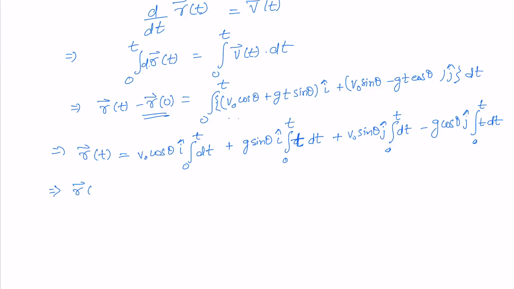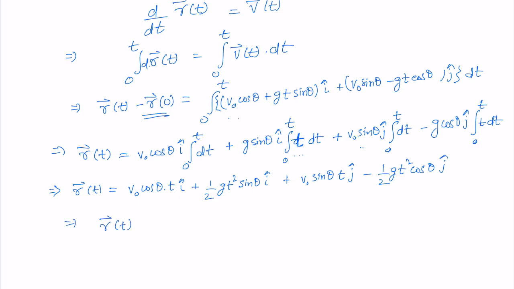This implies that r(t) is v naught cos theta t i plus, this is t square by 2 with limits t and 0, so this is half g t square sine theta i, plus v naught sine theta t j, and the last one is half g t square cos theta j.